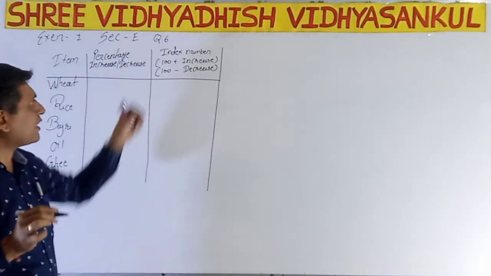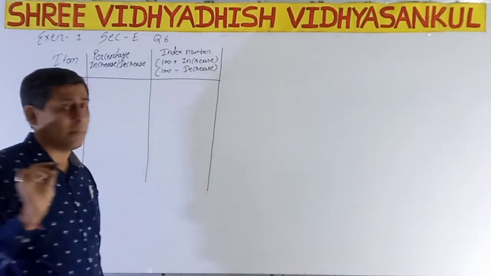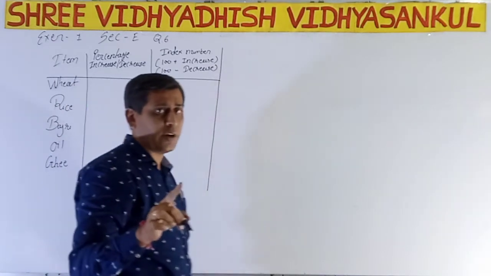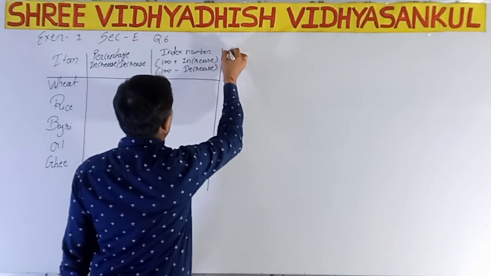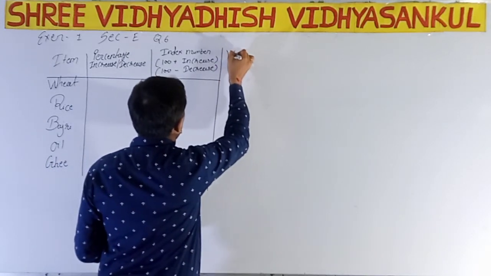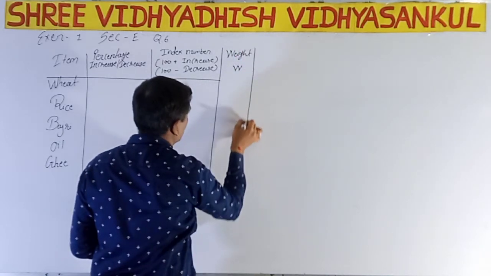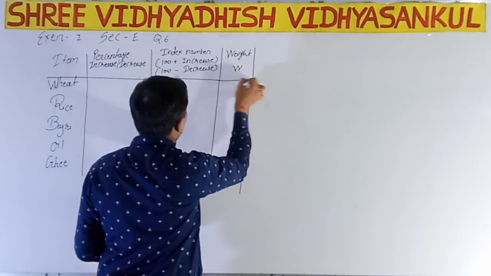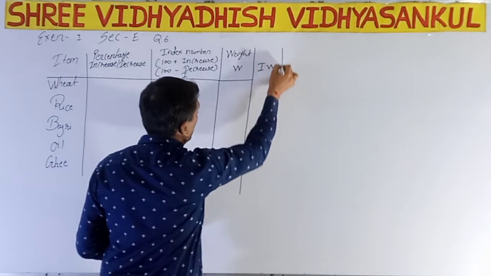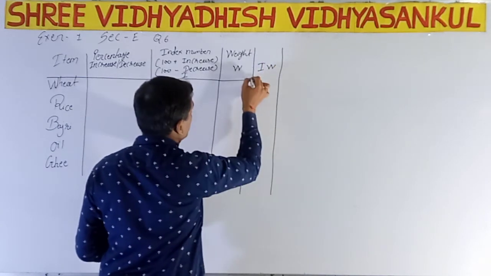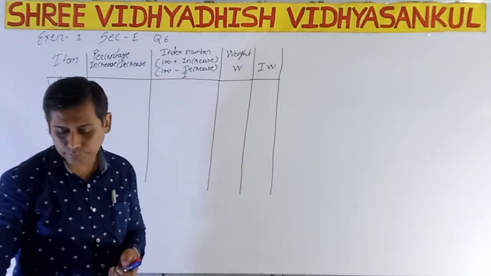If increase is there, we have to add to 100. If decrease is there, we have to subtract from 100. Okay. Next, weight, that is your W. Here it is your I, and now you have to find out IW. Okay. Now see the sum.